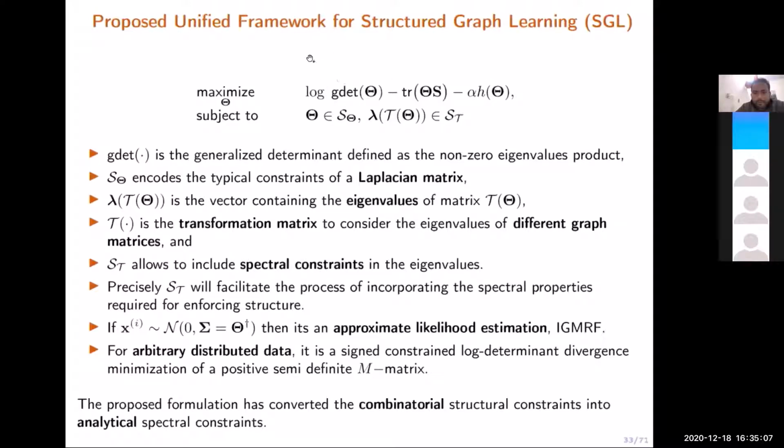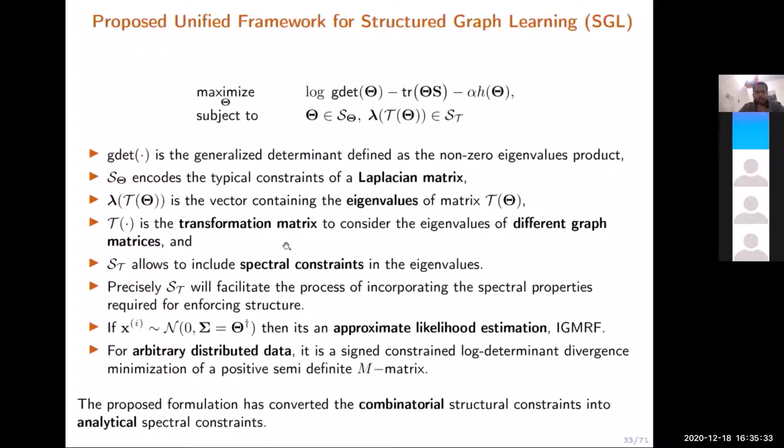We want to solve this. The first term is a simple data fitting term, a simple graph learning term under the likelihood. Instead of the determinant of theta, we have used the generalized determinant, because theta here is a positive semi-definite matrix. The determinant is not defined for positive semi-definite matrices, while the generalized determinant is defined as the product of non-zero eigenvalues.